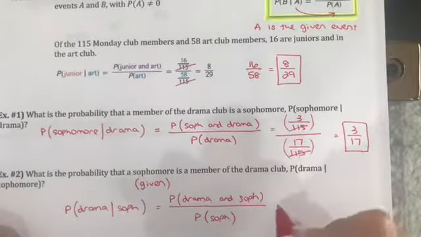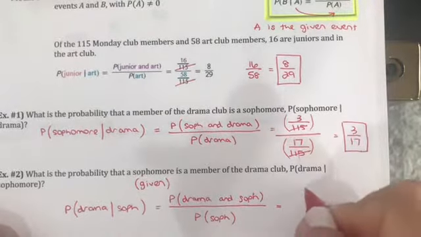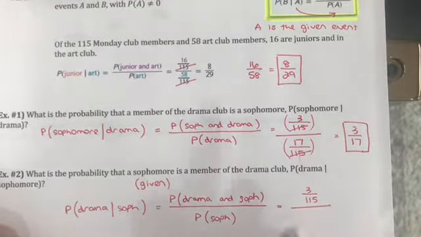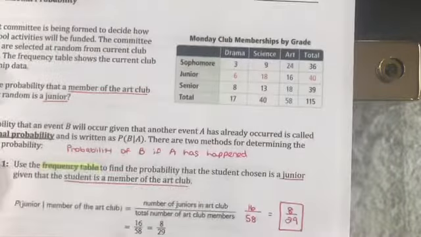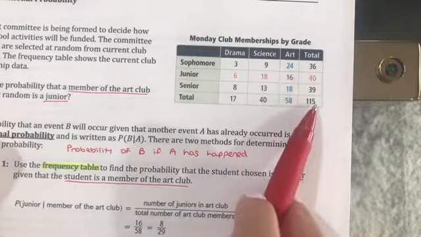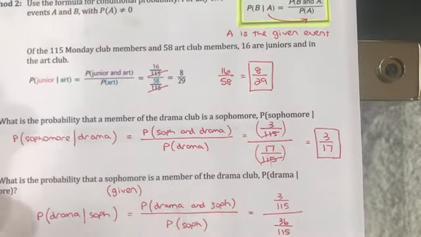So the probability of sophomore and drama, we already found that. That was 3 over 115. But what about the probability of a sophomore? Sophomores over here, we've got a total number of 36 out of 115, because we're looking at the totals here.